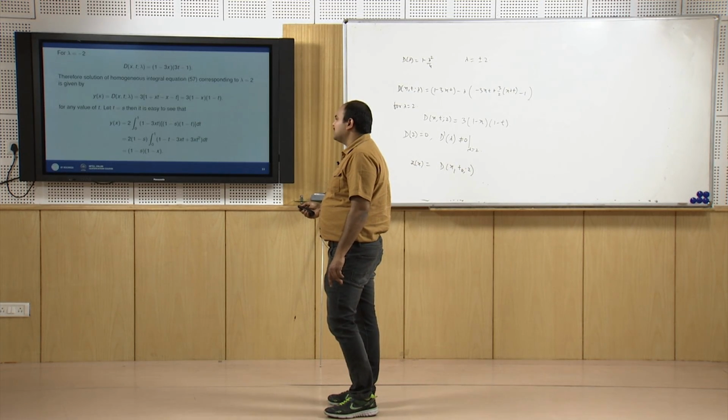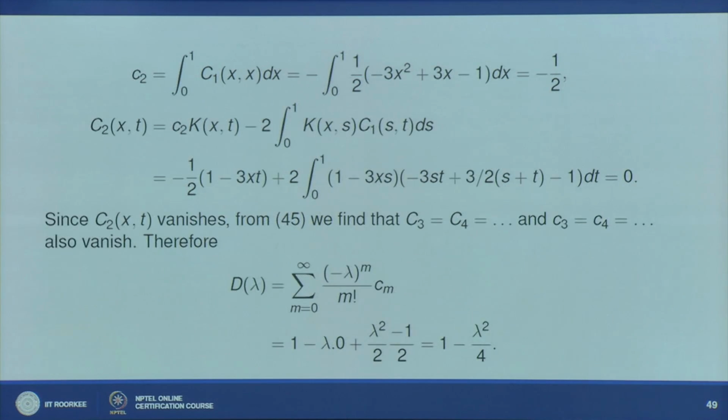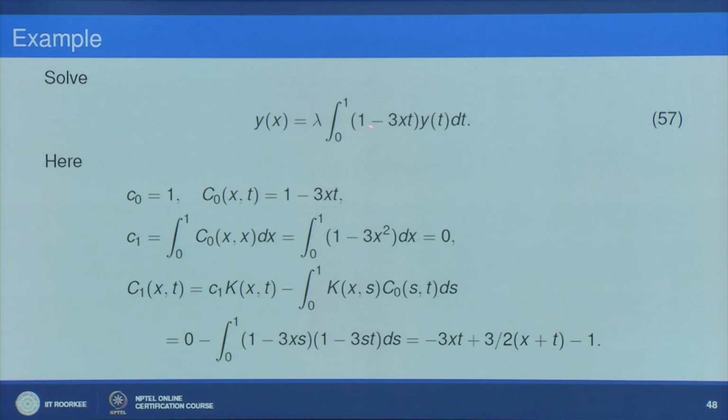Let us take t equal to s, you can take any value of t. Then we can verify this expression D(x,t;lambda) is a solution. If you calculate, it comes out to be (1 minus s)(1 minus x). So this expression gives you a solution of your homogeneous integral equation for lambda equal to 2.